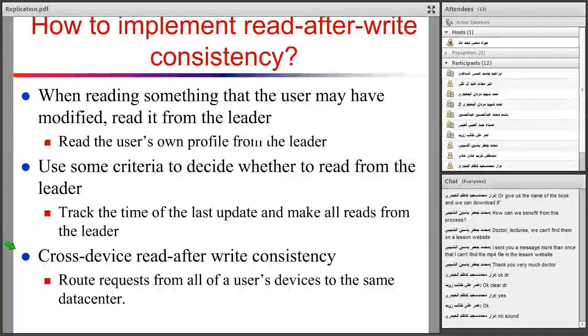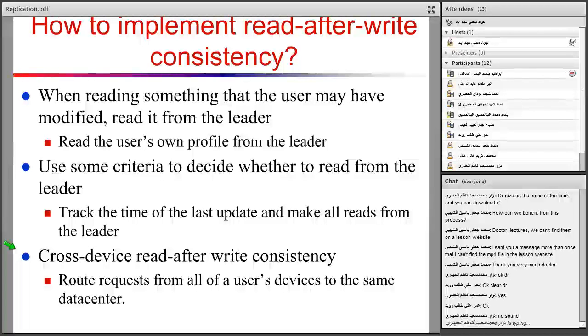Nazar, can you hear me? You cannot hear me? Adobe connection shows me that my internet connection is good.